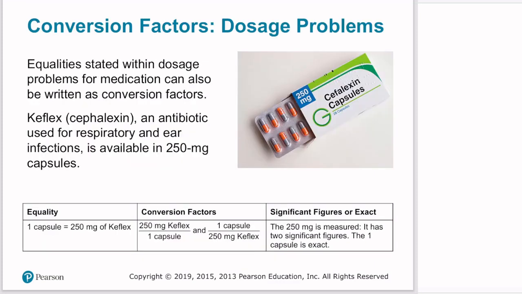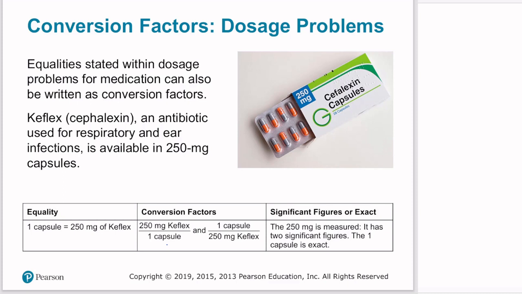This type of case-specific relationship will often be used for dosage problems. If we have, for example, 250 milligrams of a drug like Keflex per capsule, we can use that 250 milligrams per capsule as a conversion factor for our problem. In this case, we see that the 250 milligrams is actually a measured value and not a defined value as we see in our metric prefix conversions.